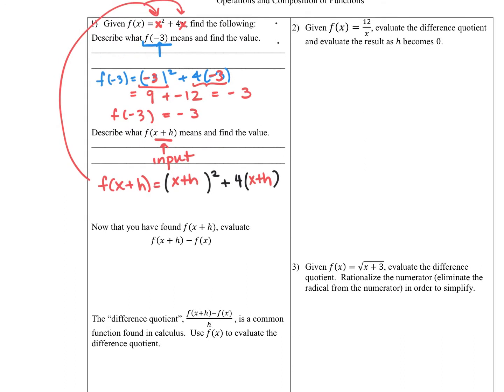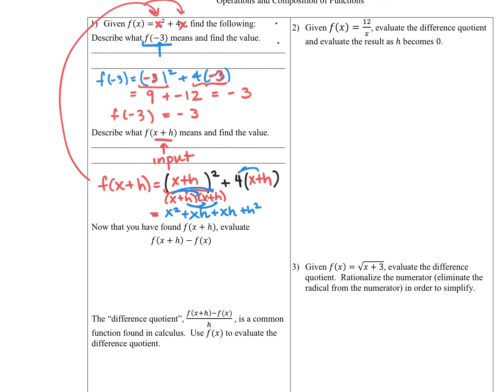Then to simplify it, we are going to square x plus h, which is really x plus h times x plus h. So to distribute that, we'll get x times x is x squared. We'll get x times h, which is just xh. h times x, which is another xh, and then h squared.